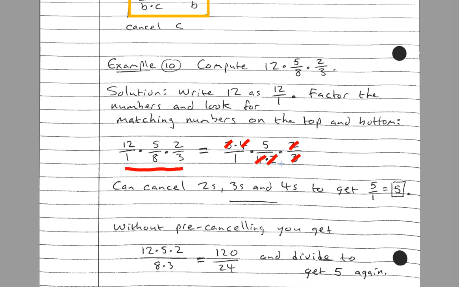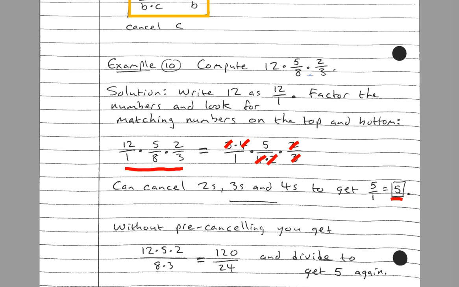So everything canceled. We're just left with a 5 on the top and a 1 on the bottom. And 5 over 1, that's 5. So the answer is 5.